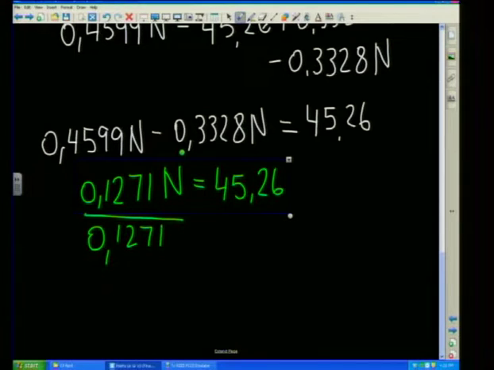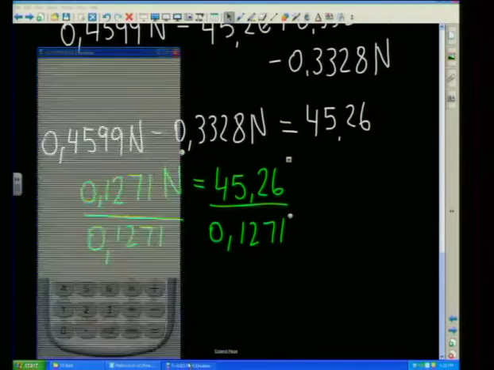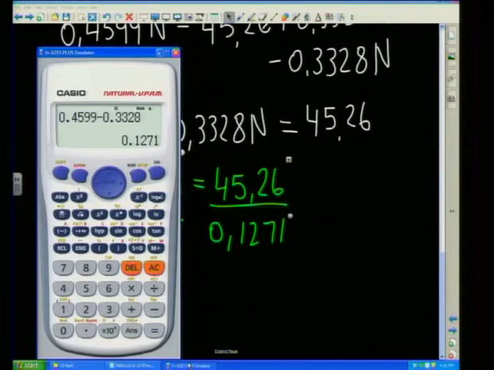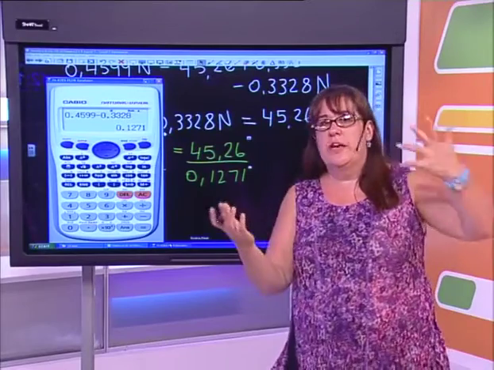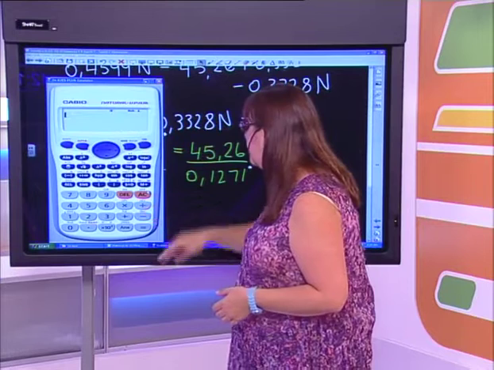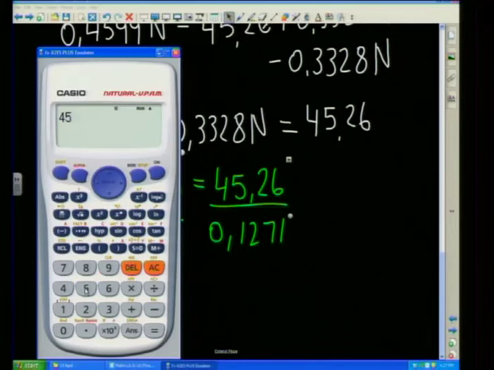And I'm going to do the same thing here by 0.1271. Now if I'm using a scientific calculator, then I can keep that as my answer and just use the answer button. But I'm going to assume that we don't have a scientific calculator. So I'm going to clear this, and I'm going to say 45.26 divided by 0.1271.